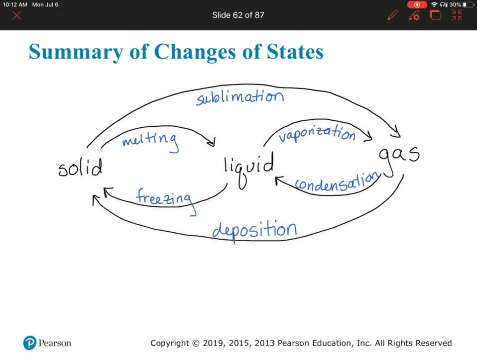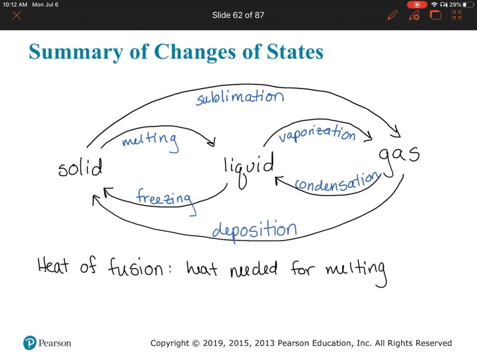Okay, so then we also learned about heat of fusion, and that was the heat needed for melting or released during freezing.